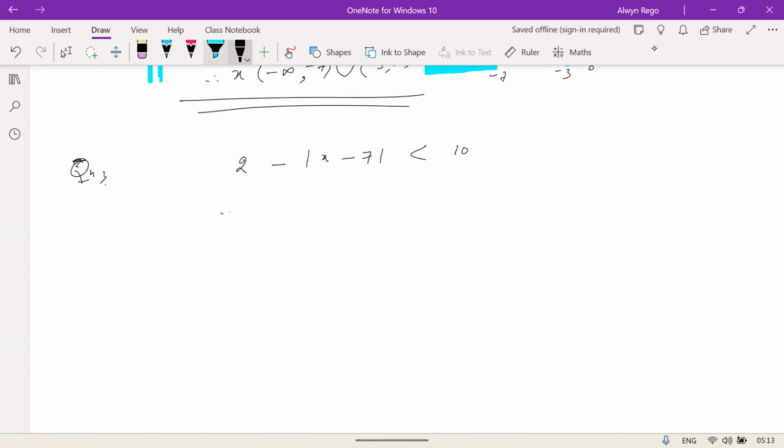You find that, therefore, you have negative absolute value of 5x minus 7 is less than 10 minus 2, simply transposing across the inequality. Therefore, negative of absolute value of 5x minus 7 is less than 8.